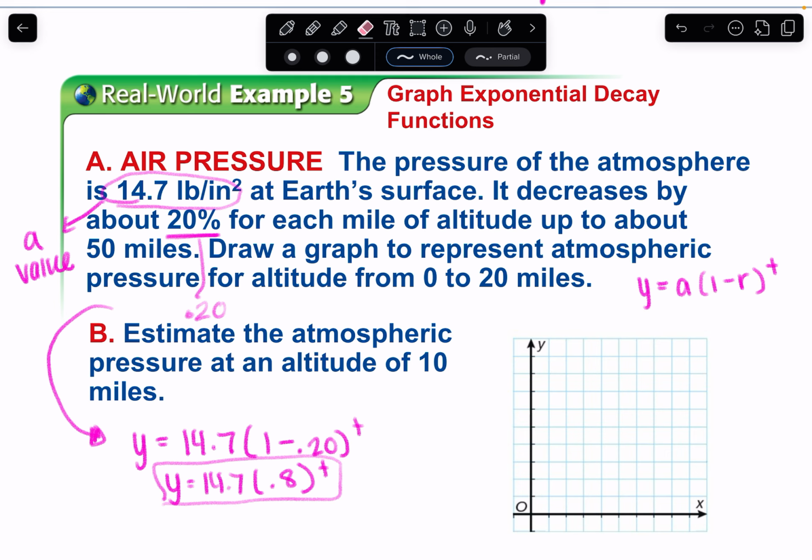So whenever you plug in and graph that, your graph is not labeled, so you do need to make sure that you label your graph. So your miles or altitude would be on your x-axis. Your y variable is the pressure, because that's what you're trying to find.